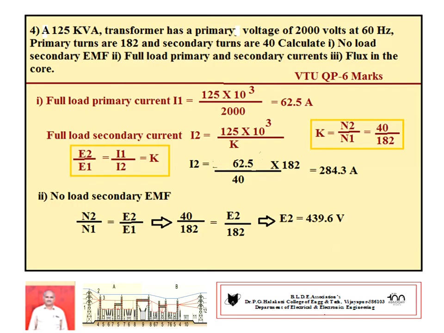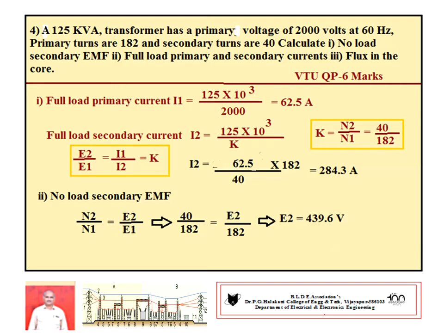So as usual, full load primary current I1 should be equal to the rating of the transformer in volt ampere divided by V1. So 125 into 10 to the power of 3 divided by 2000. So I1 you are getting around 62.5. After that, you calculate the K value, sir. K equal to N2 by N1, 40 divided by 182.